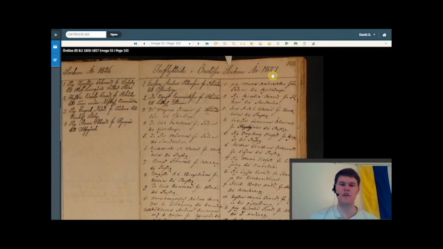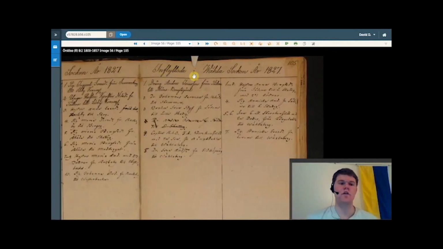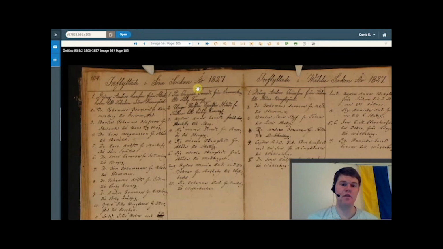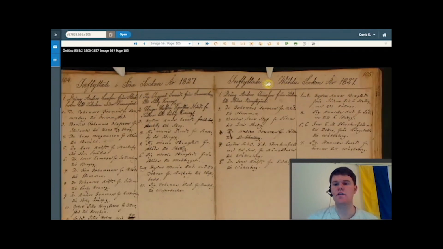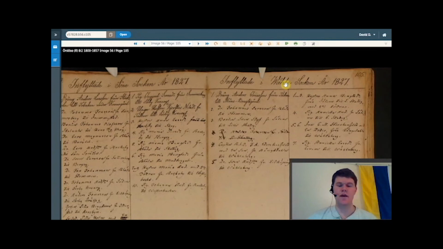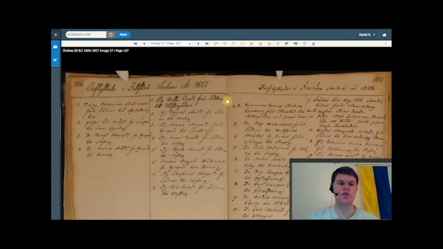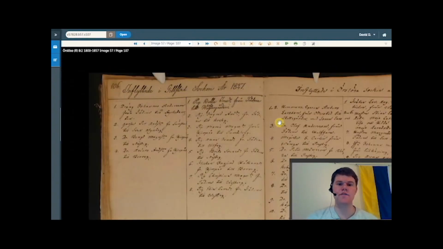When we go one page over, we've got 1827, but a different parish. 1827, different parish. Sometimes the parishes will have so many movings that there'll be several pages. In this case, they're just one page each. Then let's go to the next page, and here we go, 1827.